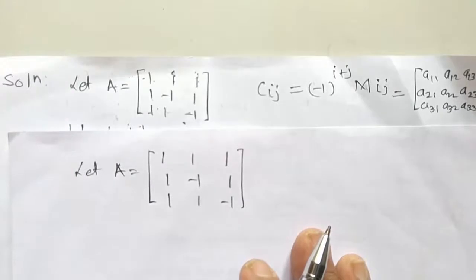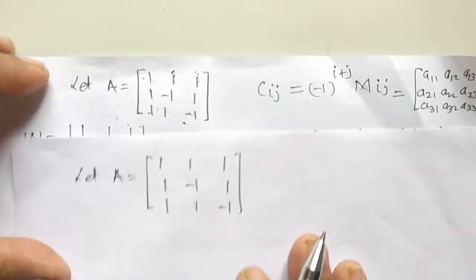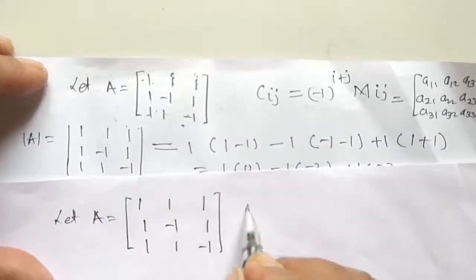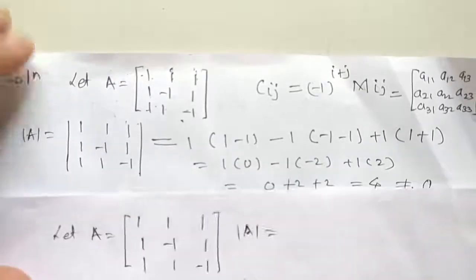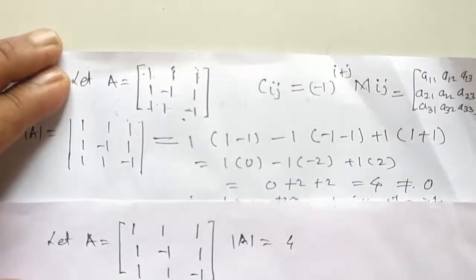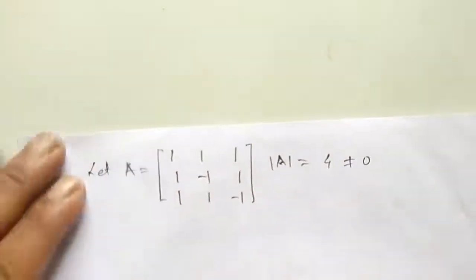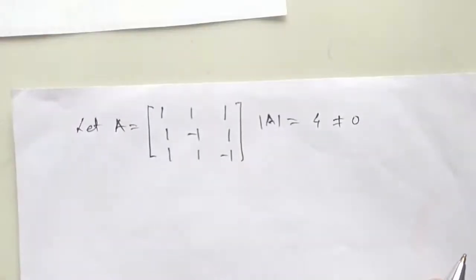Now the determinant of A is equal to 4, so it is not equal to 0. This is a non-singular matrix, so its inverse exists.